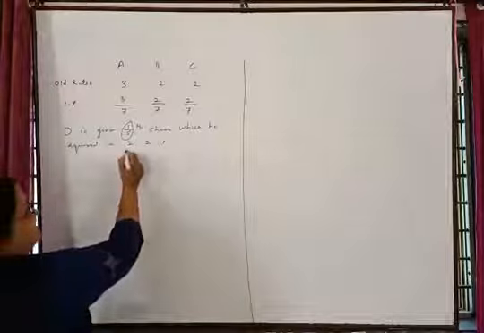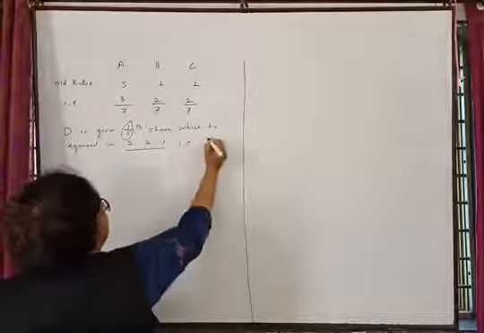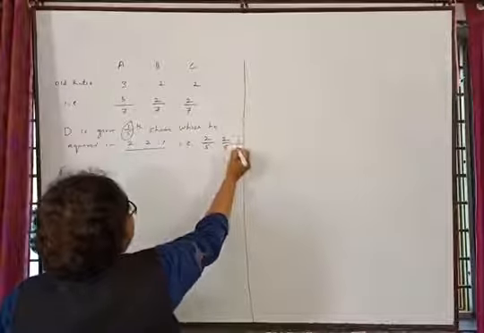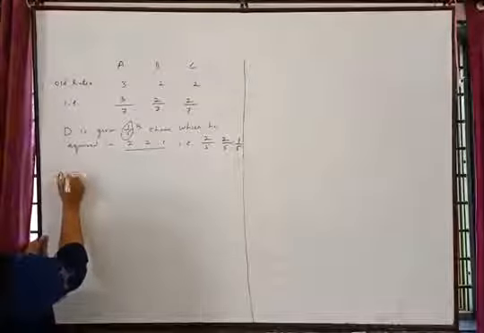They are sacrificing in the ratio of 2:2:1. It means 2/5, 2/5 and 1/5. Okay. Now we will calculate, just like the last problem, A's sacrifice.